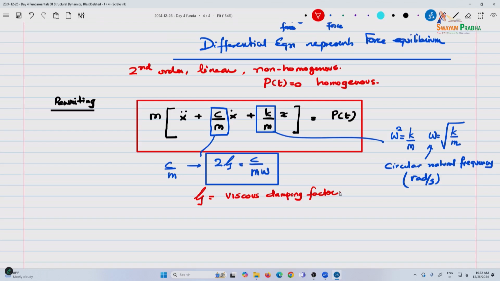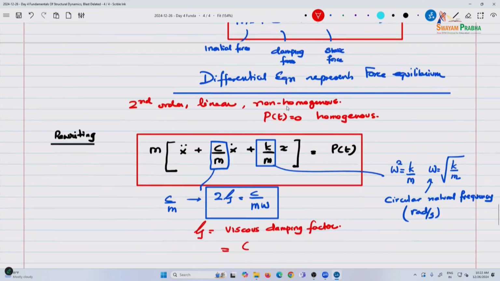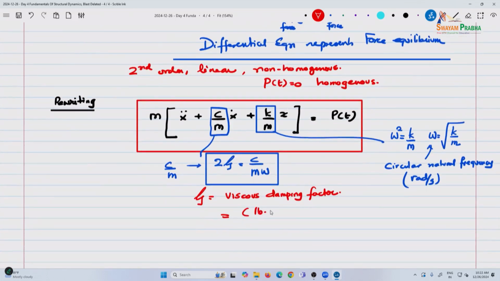So, this is a viscous damping factor. Now, if you see the units in this case, C is pound seconds. To understand some terms, I generally tend to look at what the units themselves are, and it helps you to give a different perspective. The m is your mass, and mass is W by G, which is pounds per, in this case, let us say inches per second square.